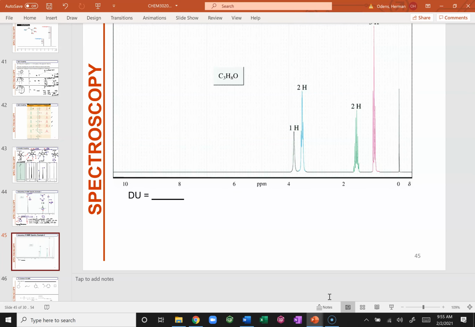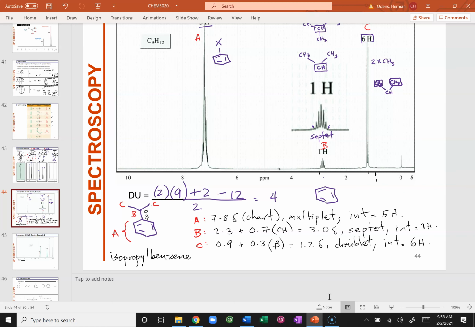So I'm 2 slides before I'm going to get to carbon. Yes. Yes, absolutely. 0.7. Oh yeah, I did add it right here. For B? For C, what about it?